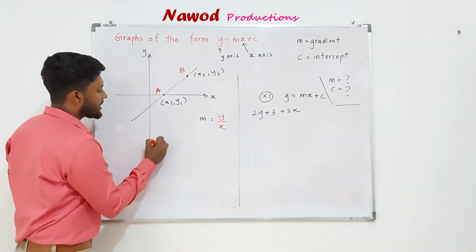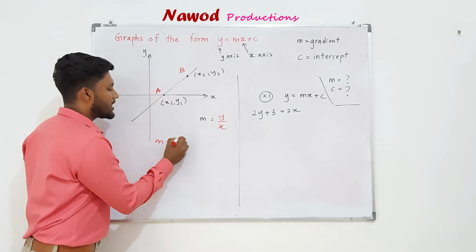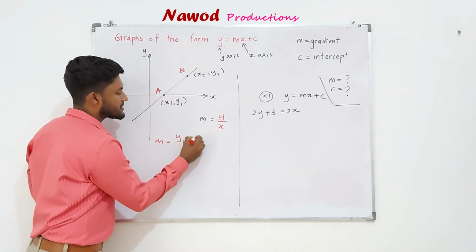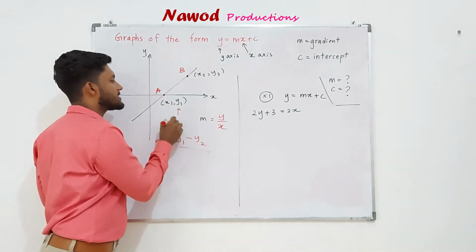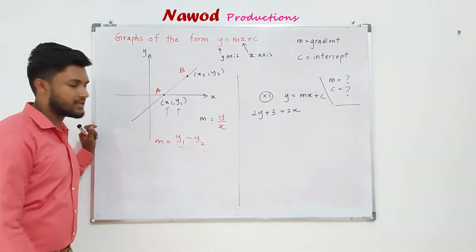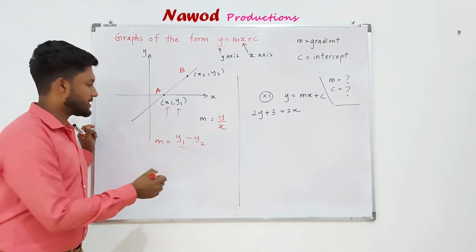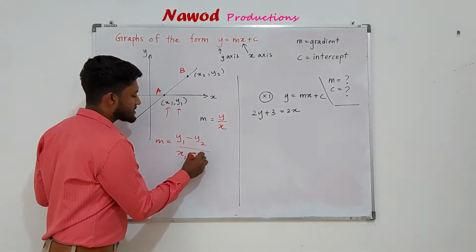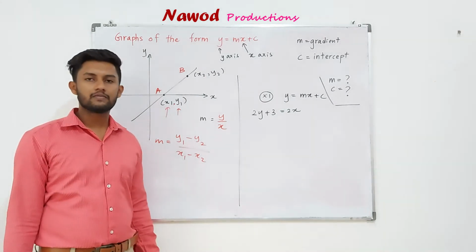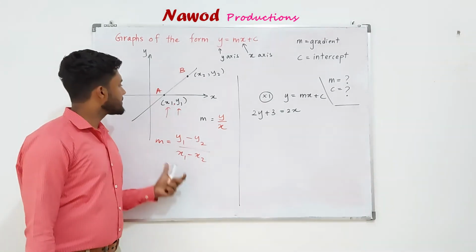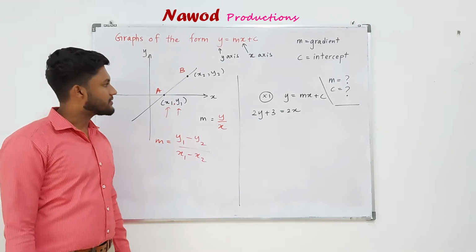Then here m can be obtained by y1 minus y2. If you got this y1 first, you want to get x1 first in the denominator, x1 minus x2. Y difference divided by x difference, we can obtain the gradient of this equation.